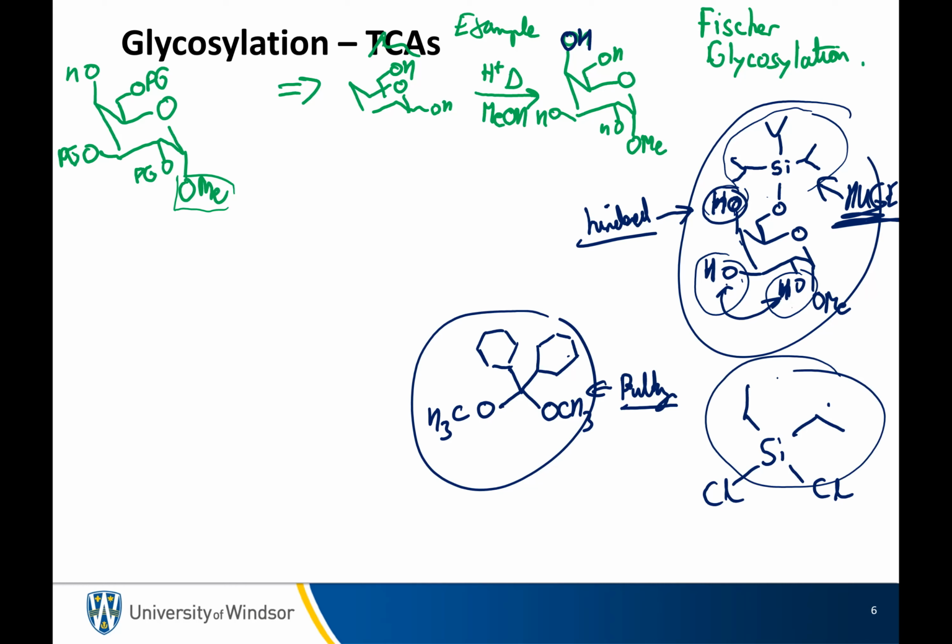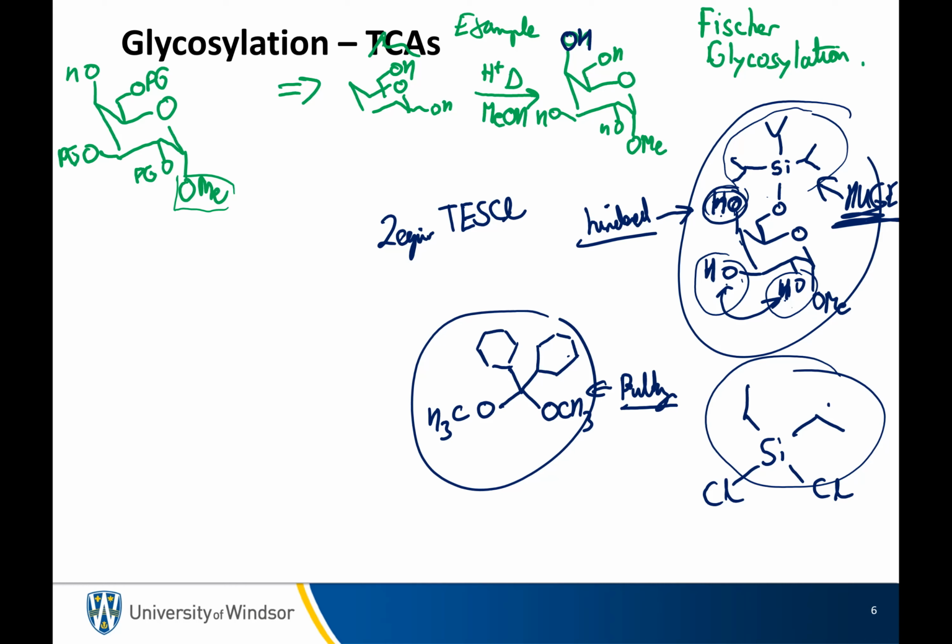I think I'd also accept another completely acceptable answer, which would be if you just went with TES chloride. Moderately sized, so it's unlikely to go for C4, and if you went for 2 equivalents, of course. And it would probably go for 2 and 3 because they're more accessible than 4, because 4 is right next to that big TIPS group. I think all of those would be decent solutions if we went this strategy.